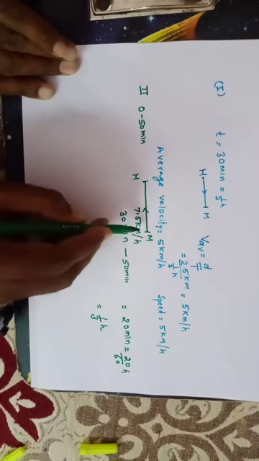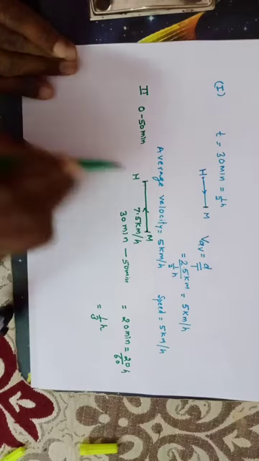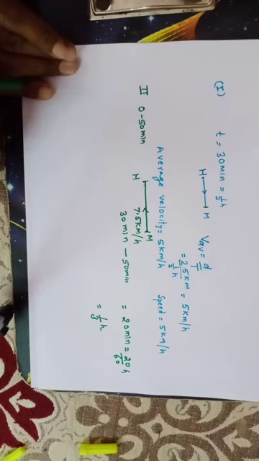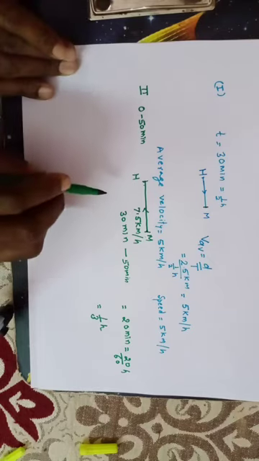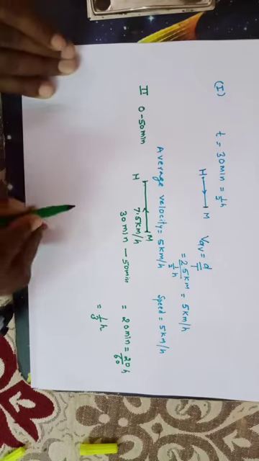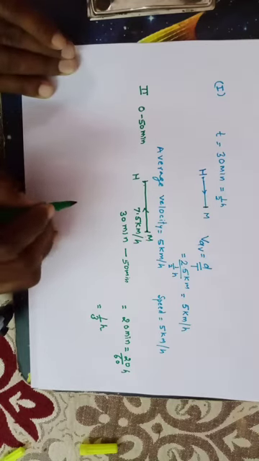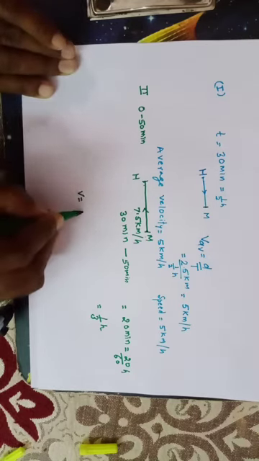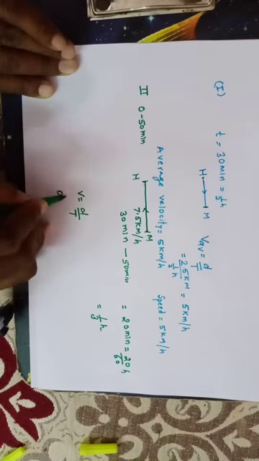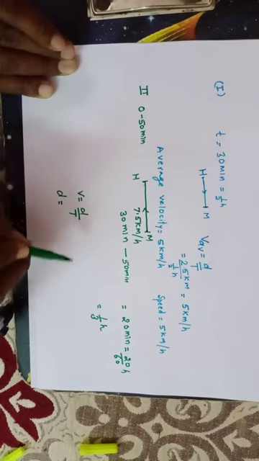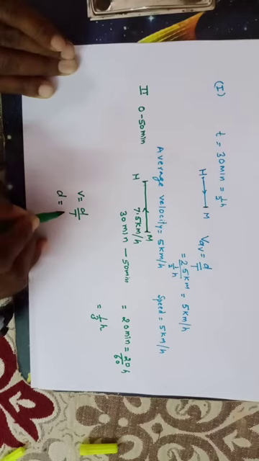So now he will travel this distance in 20 minutes. If he goes with the velocity of 7.5 km per hour, how much distance will he travel? Velocity equals distance upon time, so distance will be velocity into time.